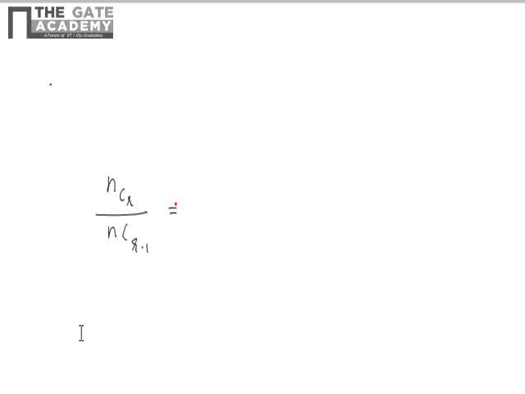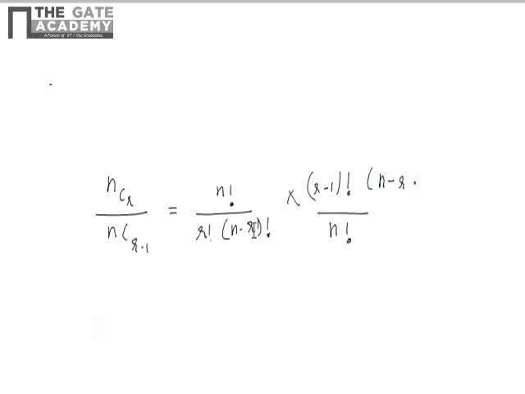So I can write this as n factorial upon r factorial into n minus r factorial, into, because I have turned the division into multiplication, I am transferring, r minus 1 factorial into n minus r plus 1 factorial, upon n factorial. So these two n factorials get cancelled. So we have r minus 1 factorial and n minus r plus 1 factorial.